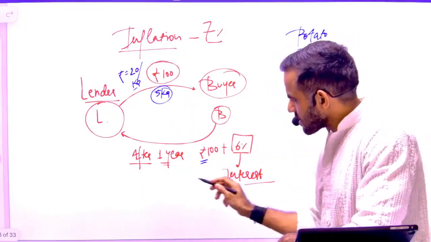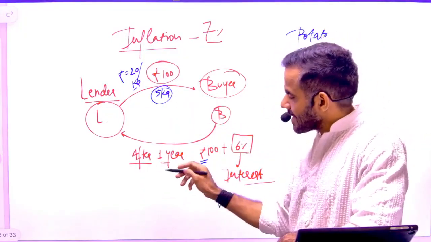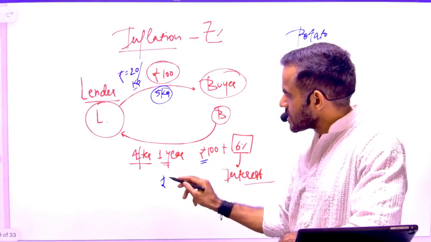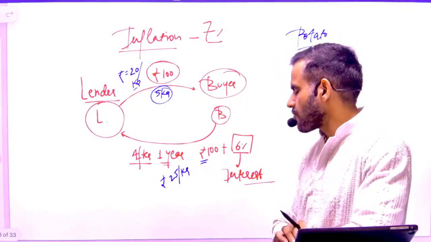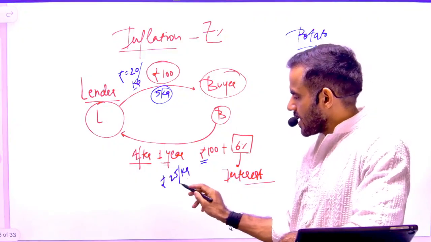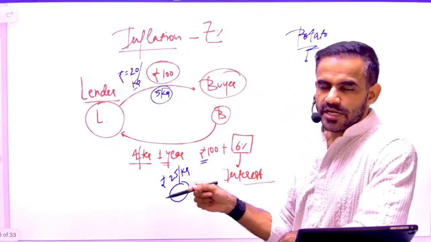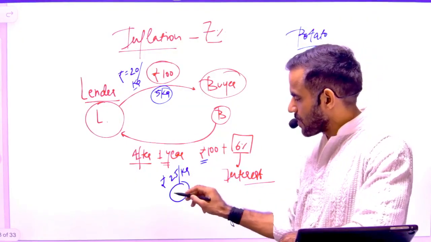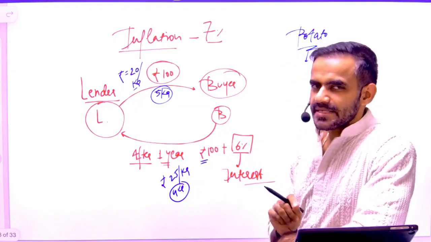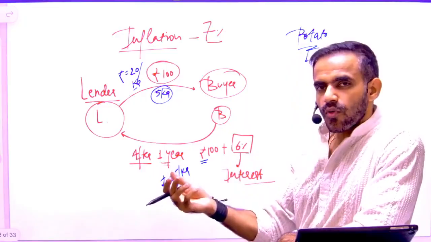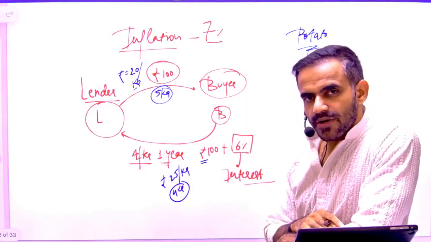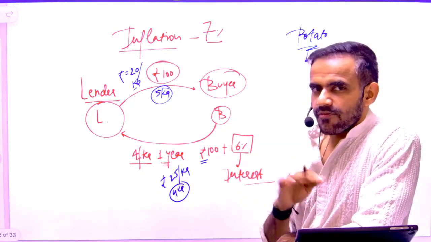Now when this person returned the amount, let's say at that time the price was 25 rupees per kg. I am taking simple numbers just for the sake of calculation. So how much potato can be purchased from the same 100 rupees? 4 kg. Can I simply say that I borrowed 5 kg of potato from someone and returned only 4 kg?